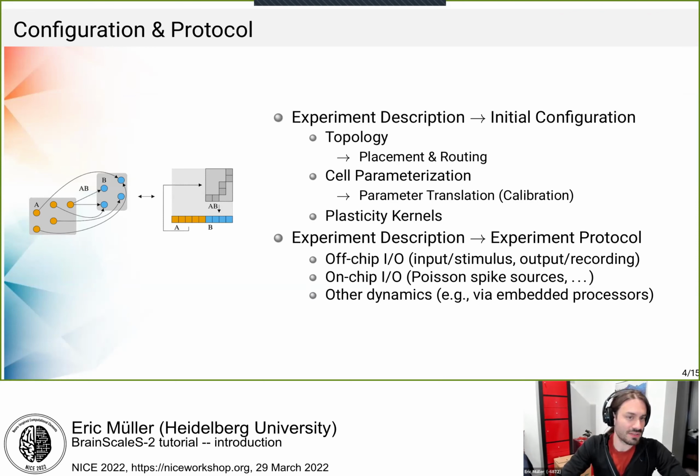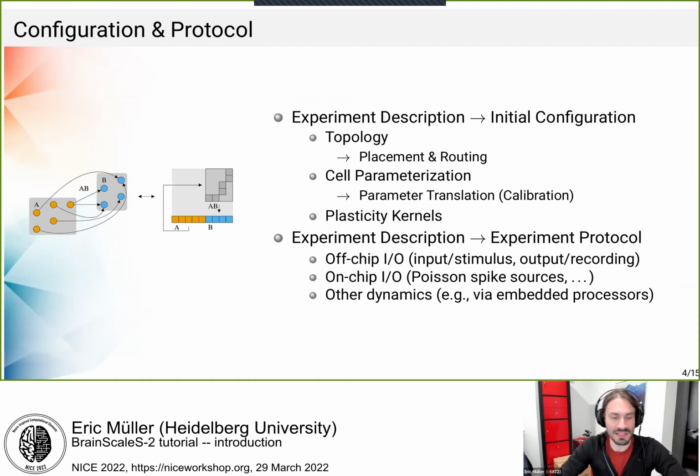You could also parameterize the neurons. For example, you could want to have biological parameters, or at least SI unit parameters like 10 microseconds for time constants. And then the software runs and performs parameter translation internally. That's a feature that is not used in the tutorial later because it's not available in our software yet.